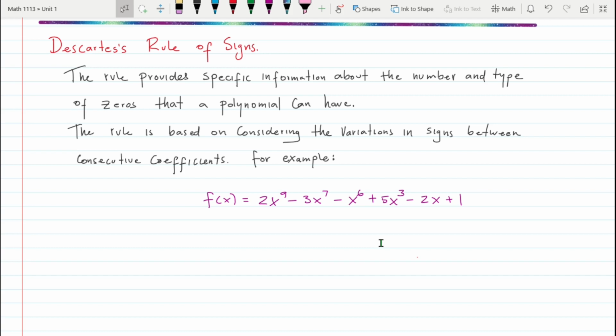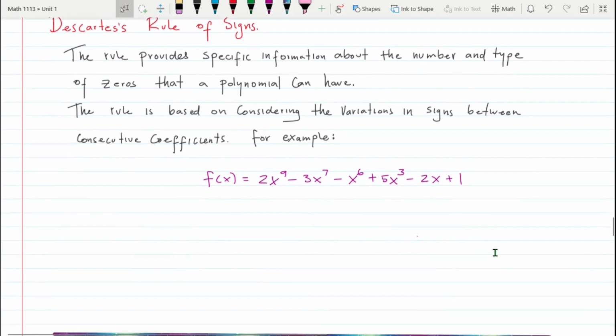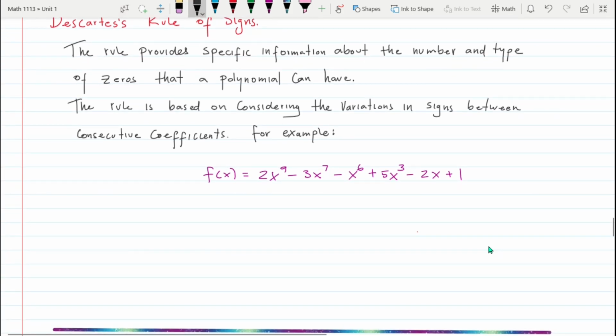So let's look at this example. We have the function here f of x, and we're going to count the change in sign from term to term, and that's going to help us determine how many positive zeros we're going to have. So let's start from 2x to the power 9. Well, that's positive, right?